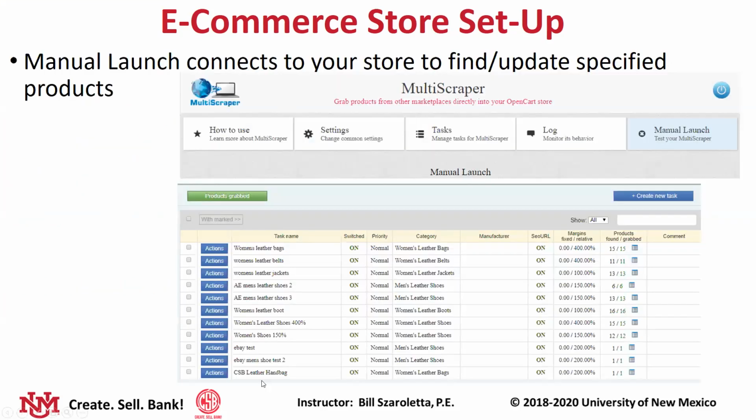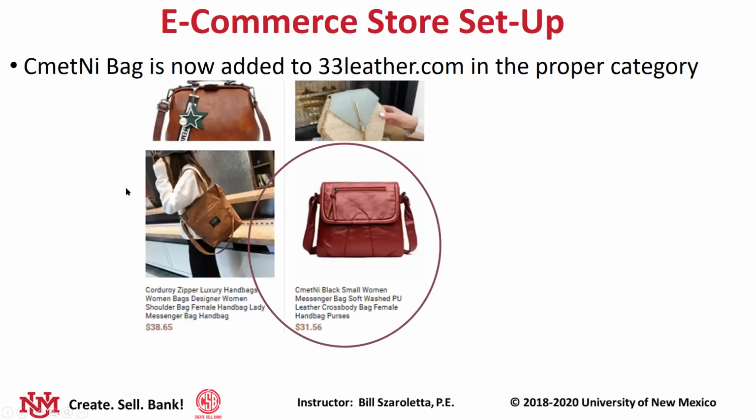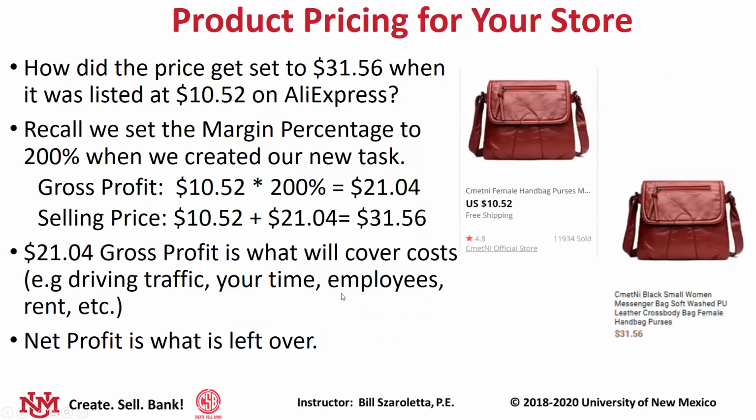And now you've got this new task. It's got one product in it, and you click manual launch, and guess what happens? Now all of a sudden this bag shows up in your store, and look at this price, $31.56. Now remember, it was $10.52 on AliExpress, but we set the margin percentage to 200%.